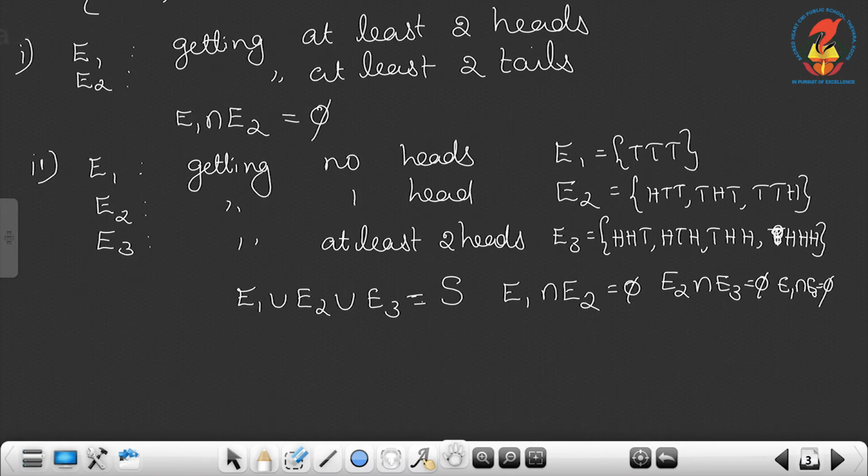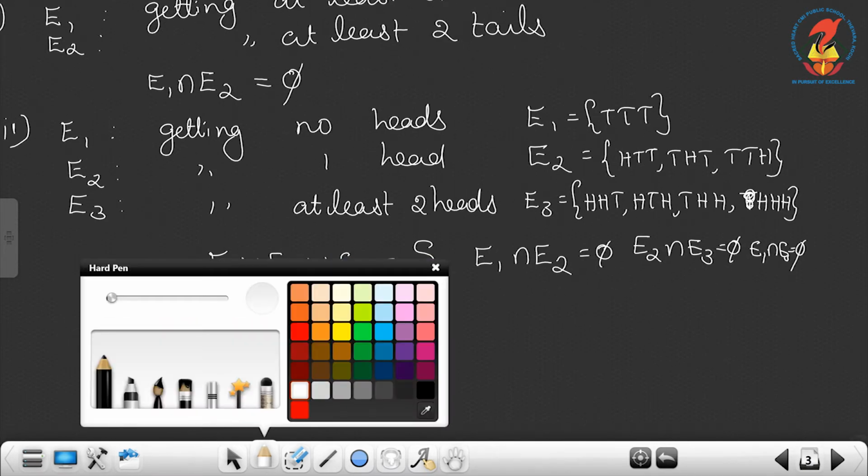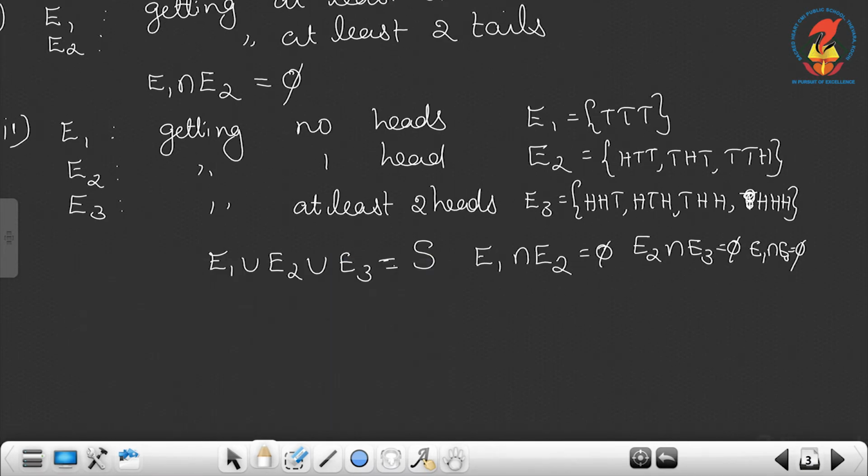Not means the intersection is not null set. So define 2 events which are not mutually exclusive. So we can write getting at least 2 heads.